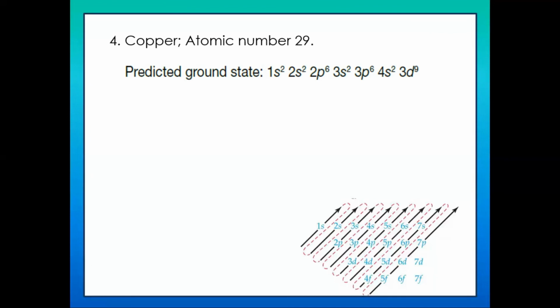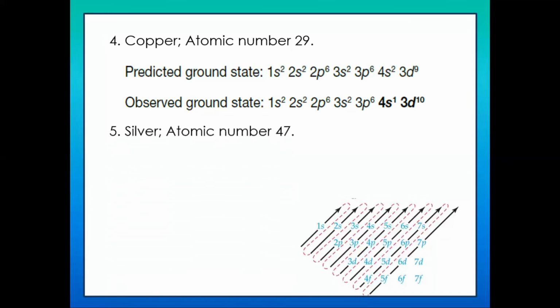So the correct electron configuration must be this. You have to complete first the 3d, because if you look at the mnemonic, you have to complete the electrons of that before completing the 4s. Okay, so that makes it 4s1.